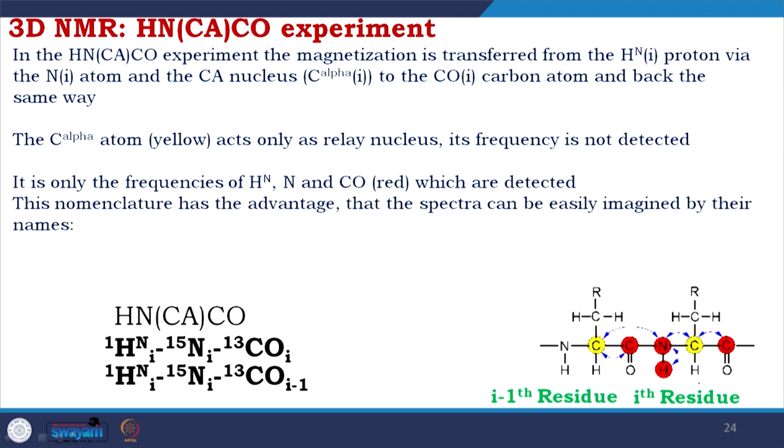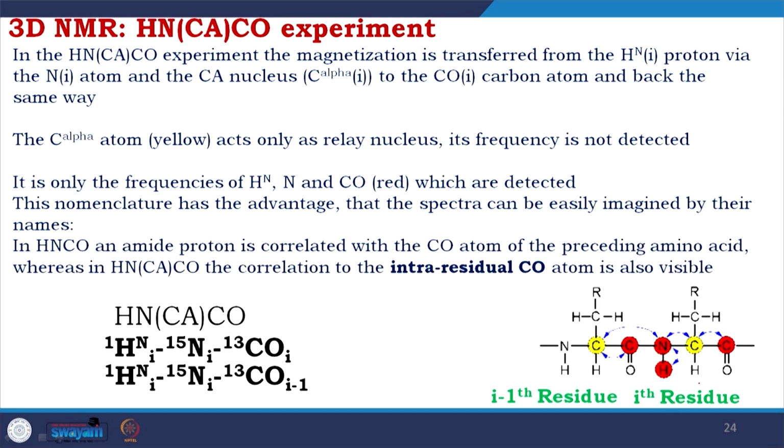This nomenclature has the advantage that the spectra can be easily imagined by their names. So that is what I was talking about. You look at the name HNCACO, you know that there is involvement of H, N and CO. H is connected to the nitrogen, nitrogen is connected to the one carbonyl and the CO is used here.